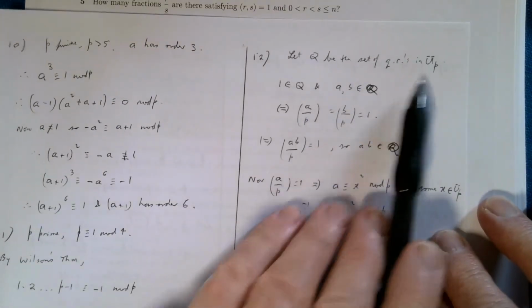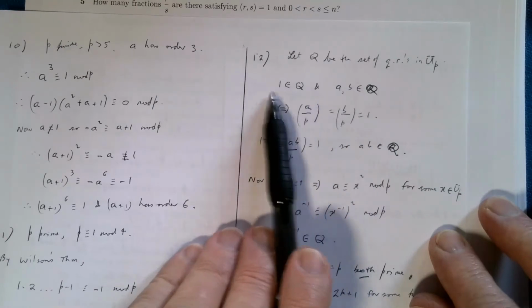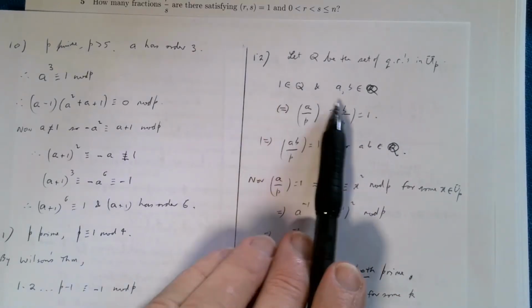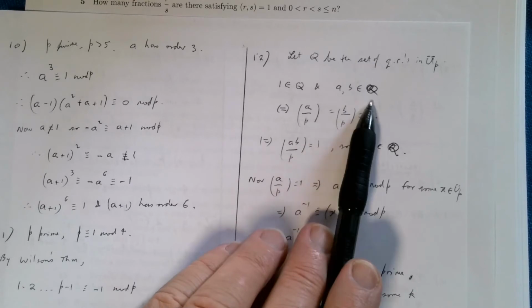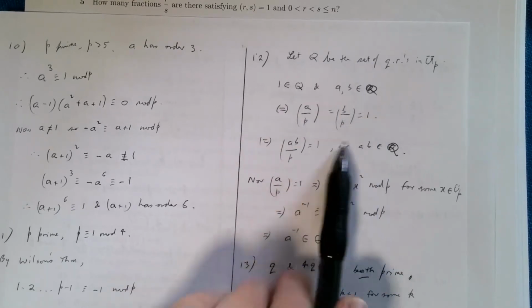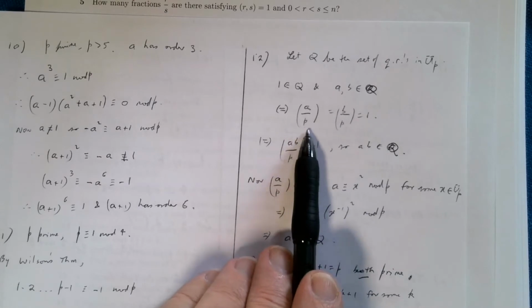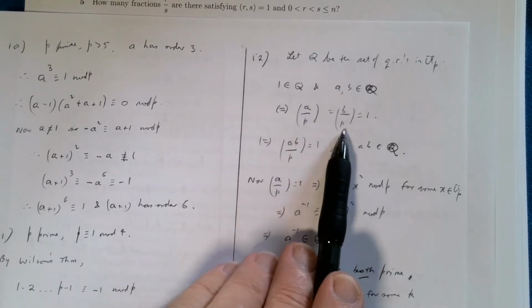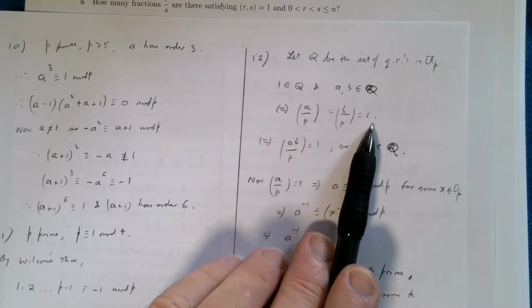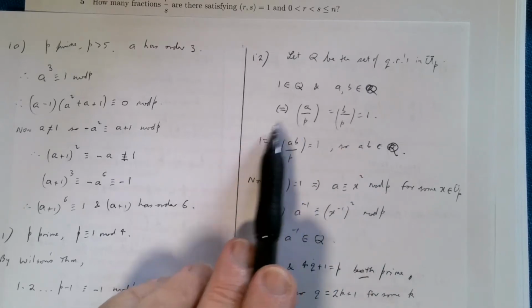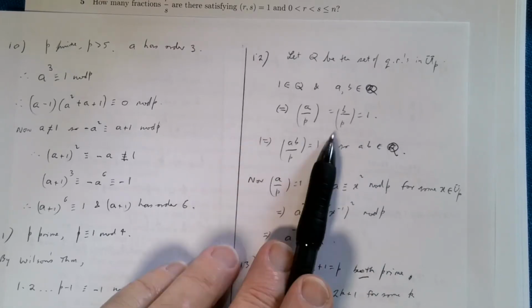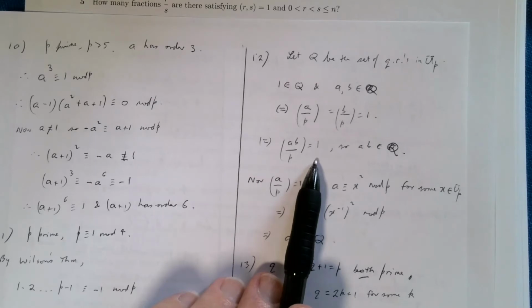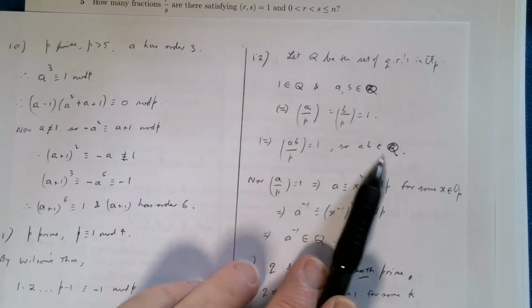Well, 1 is there because 1 is a quadratic residue. If I take two objects a and b in this set Q, then they got there because their Legendre symbols, a over p and b over p, were equal to 1. That's true if and only if the product of these is equal to 1, and that means ab is a quadratic residue.